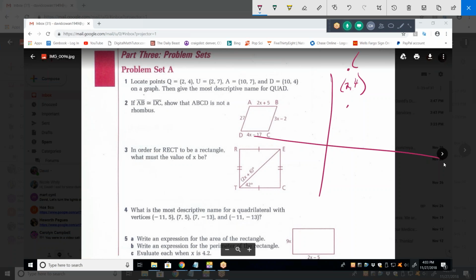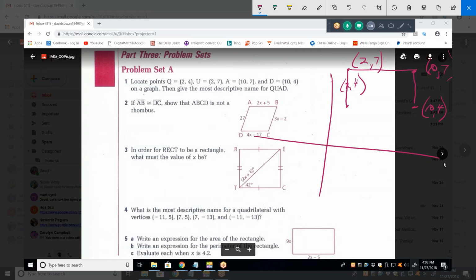That's nice. And then 10, 7. Now we can see that that's going to be a line that is parallel with the x-axis. That's a vertical line. So I can kind of guess what the last one's going to be. 10, 4, and it is.